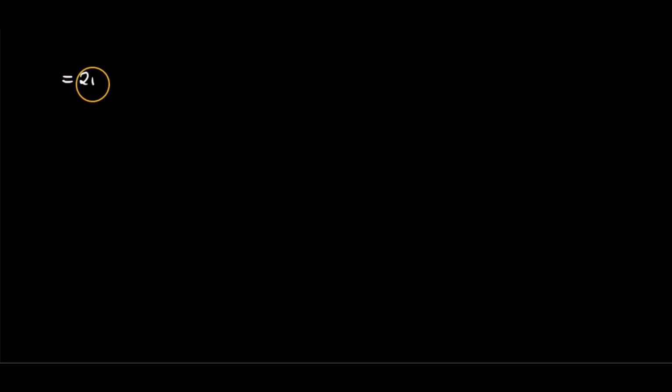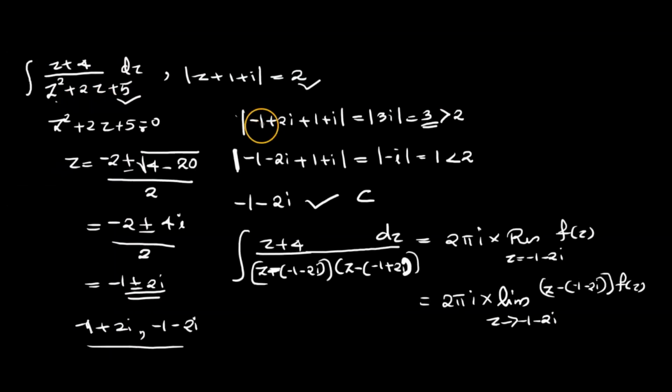This is equal to 2πi. Sorry, this is 1 minus i, 1 minus i in the question. So this is 1 minus i. That means 2i minus i is i. So this is inside the circle. That means −1 + 2i is inside the circle.